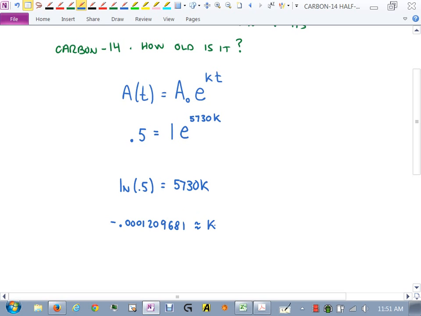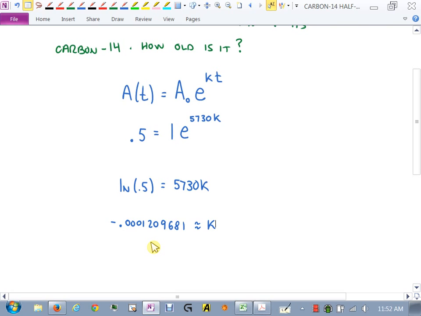Approximately, k. Now, would it be wise to round to 3 decimal places here? No, because you would just be putting 0, right? So this is where accuracy matters. In a problem like this, you would want to go as far out as you possibly can, because this is a tiny number, isn't it? 0.0001209. So I'm just going to use everything my calculator gave me.